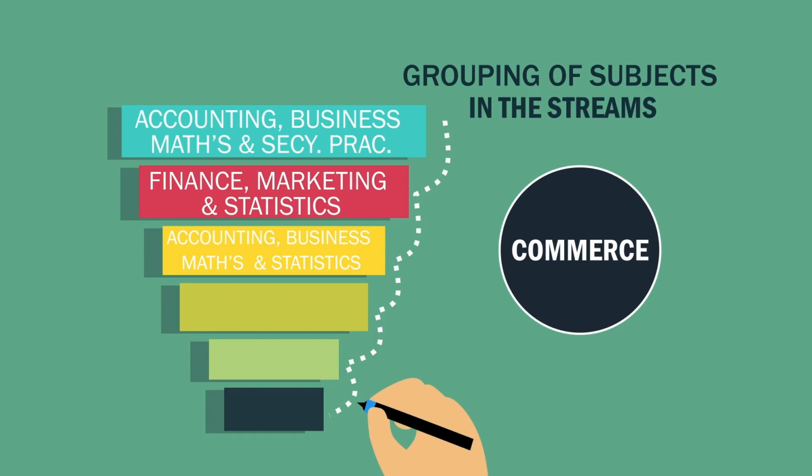Then second is accounting, business mathematics and secretarial practice. And third is finance, marketing and statistics. I am just giving one example. Accordingly, many a time you will find that four groups are also there, keeping in consideration the number of subjects being practiced in a particular stream.